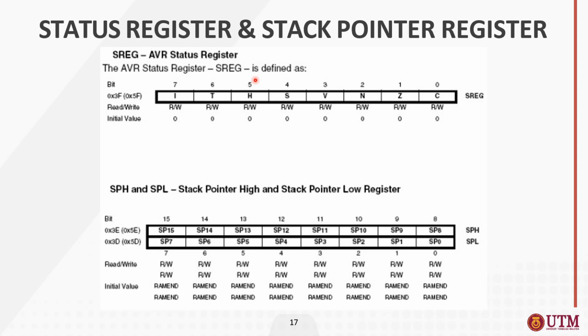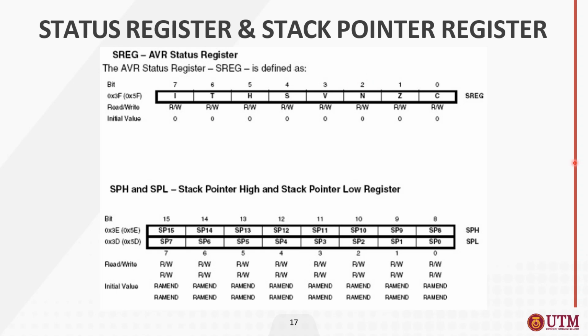Alright. The first part is the status register. Inside the ATmega328, the status register is actually an 8-bit register that holds the status flags of the microcontroller. So inside the microcontroller, they have some flags that hold some indications on the status of the process.